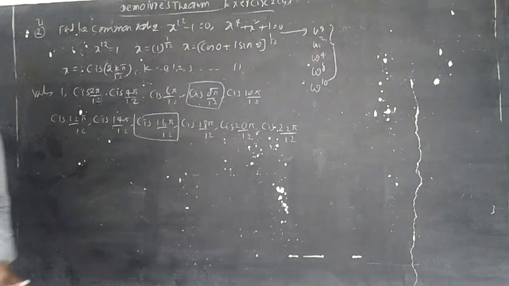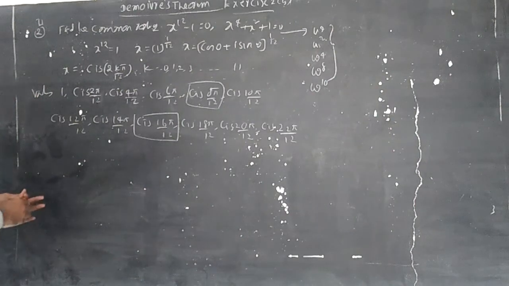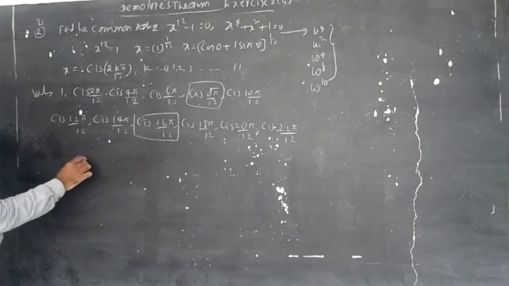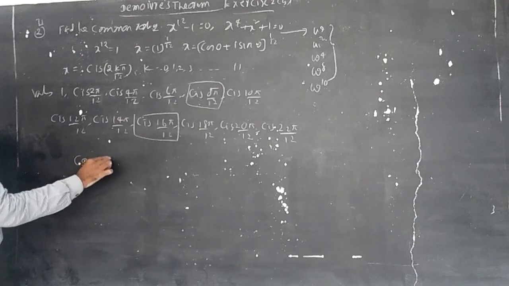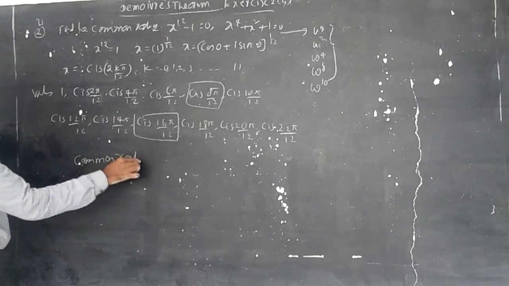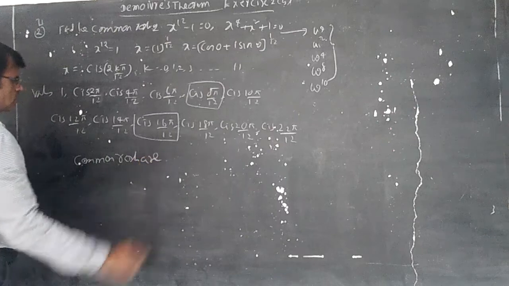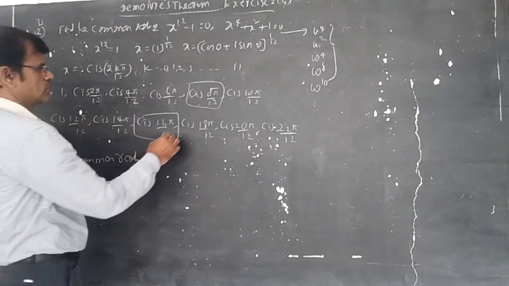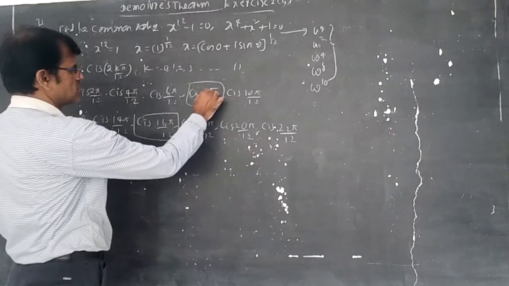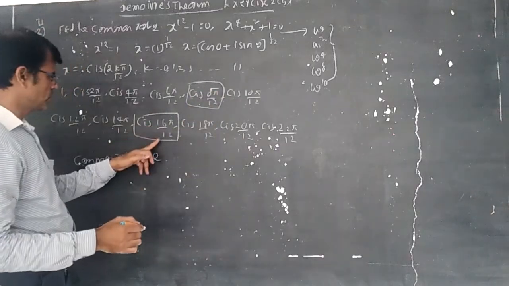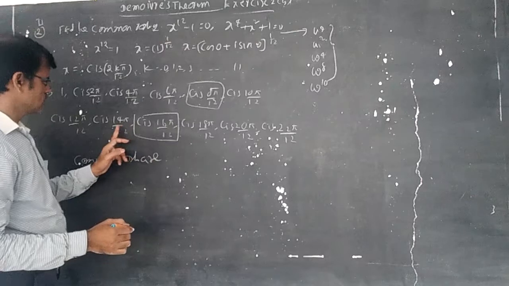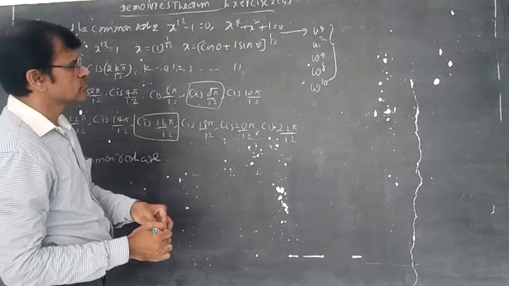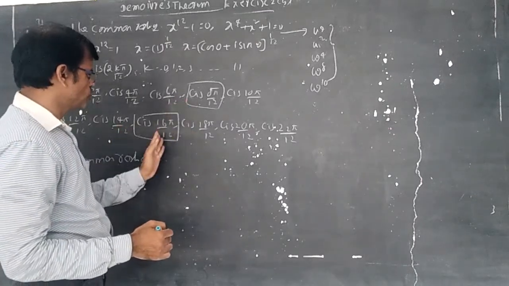The second question, the answer he given is wrong. So common roots are here, according to the fourth table. This is 2 pi by 3. This is 4 pi by 3. And here next 2 pi by 3, 4 pi by 3.